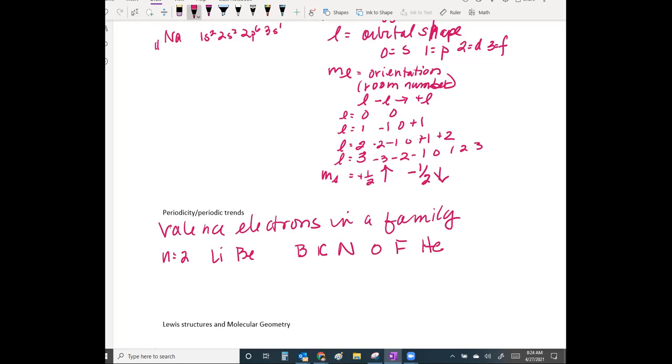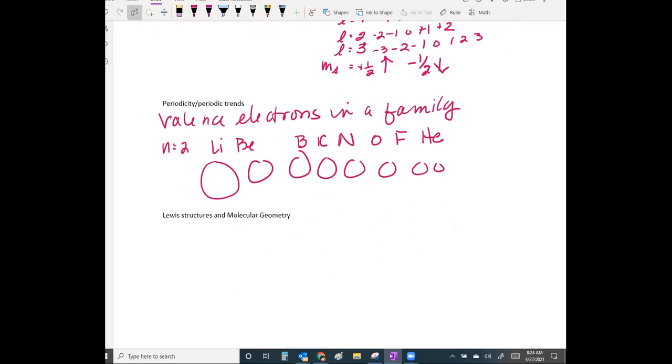As you go left to right, the radius decreases, and it decreases because the protons increase, and they pull those in tighter.